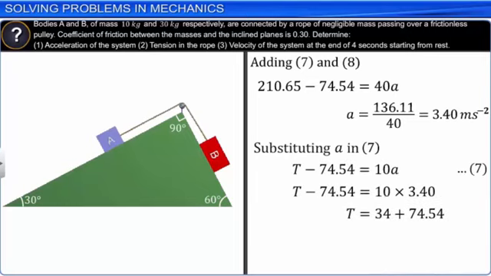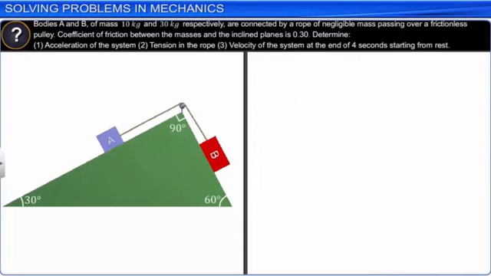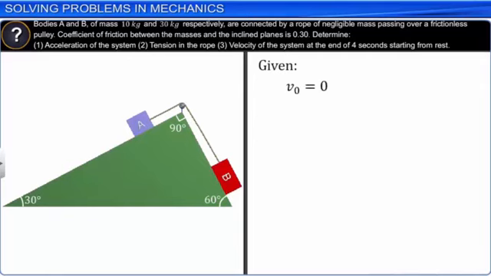Now, we need to find the velocity at the end of 4 seconds. Given that the initial velocity of the system, v0, is equal to 0. Acceleration of the system, a, is 3.4 meters per second squared, and time t is 4 seconds.